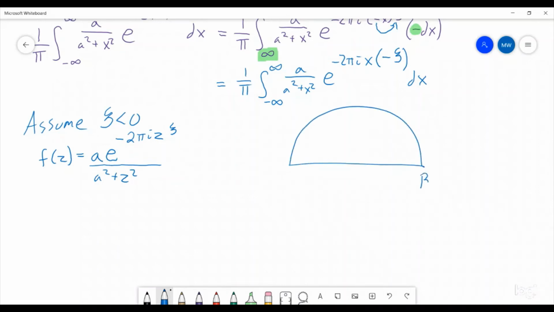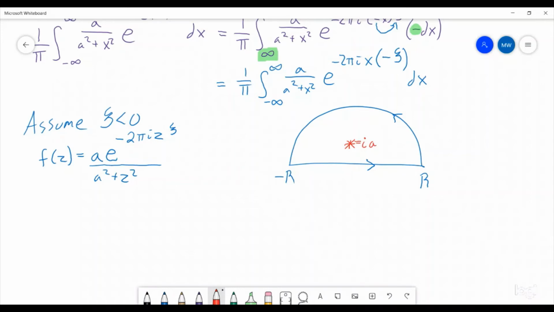So this is r, this is negative r, and we're going to travel in the standard positive orientation. Now there is only going to be the single pole right here at i a. So we're going to be calculating a residue there and setting everything equal. So let's go over the different pieces that we're going to be doing.